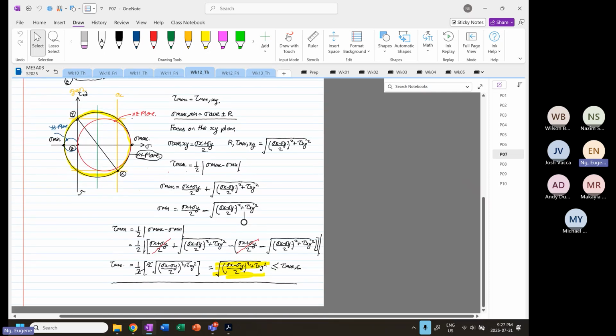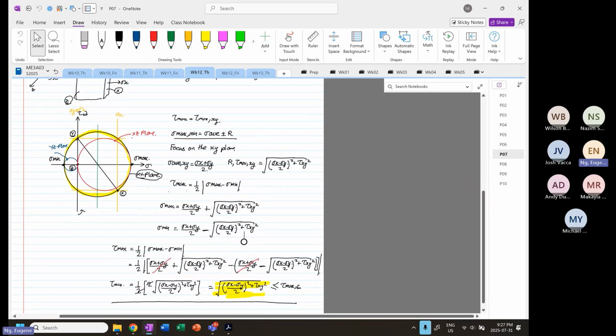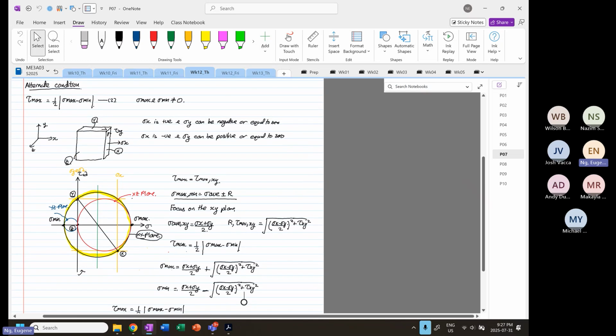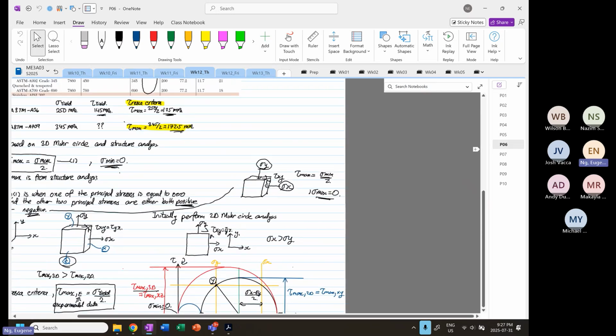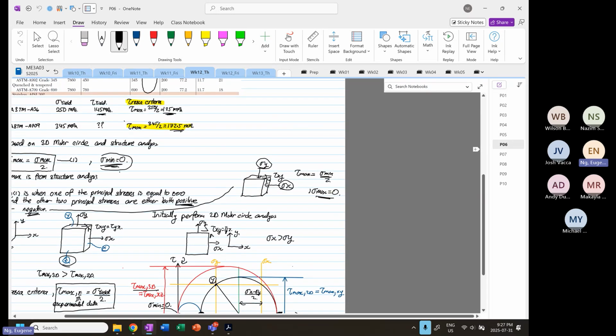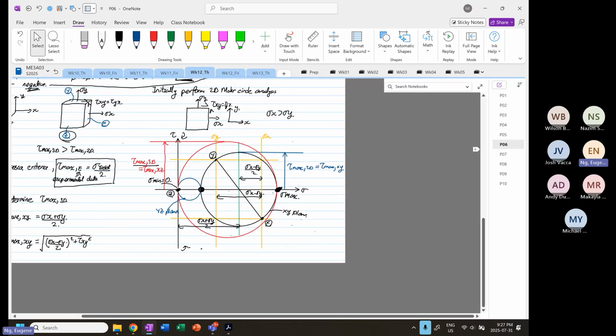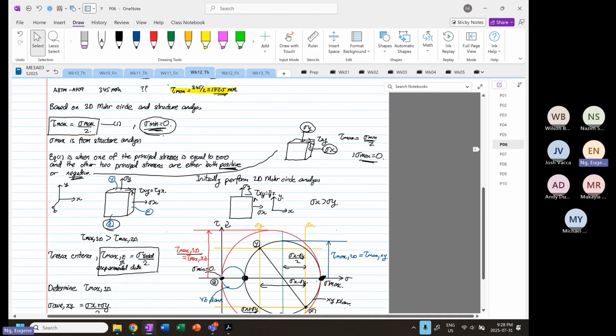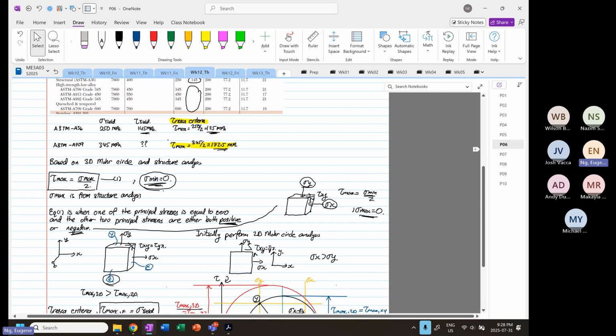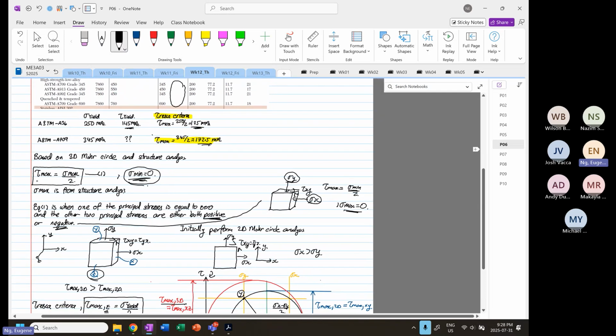So there are two conditions, right? The first condition is when stress mean is equal to 0. Okay, when stress mean is equal to 0, tau max equals stress max divided by 2.